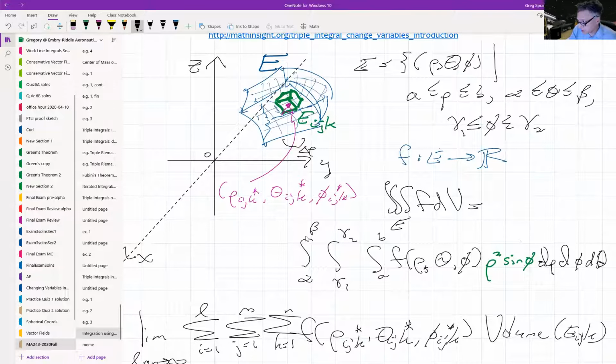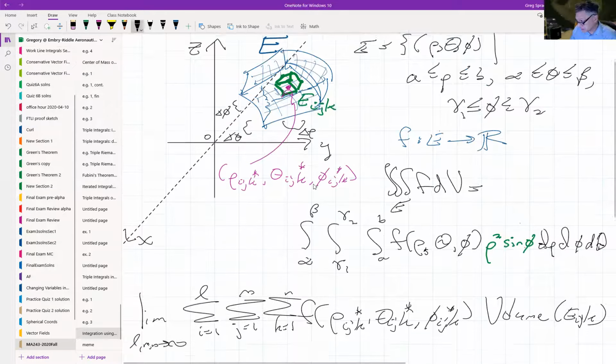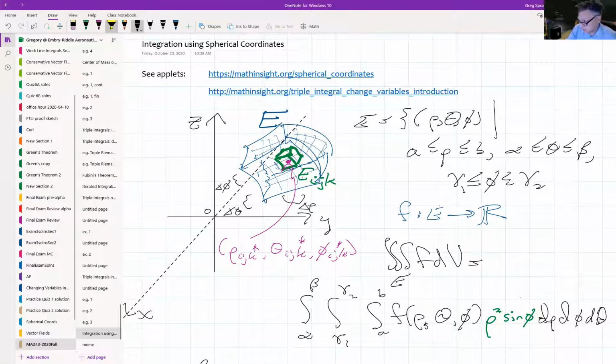So we have delta rho, delta theta, and delta phi. Now the thing that makes this tricky is that not all the boxes have the same size. It might be pretty apparent that the boxes that are closer to the origin are going to be smaller than the ones that are farther away. But it's worse than that. The volume also depends on phi. So boxes that are closer to the z-axis will be smaller than boxes that are farther away.